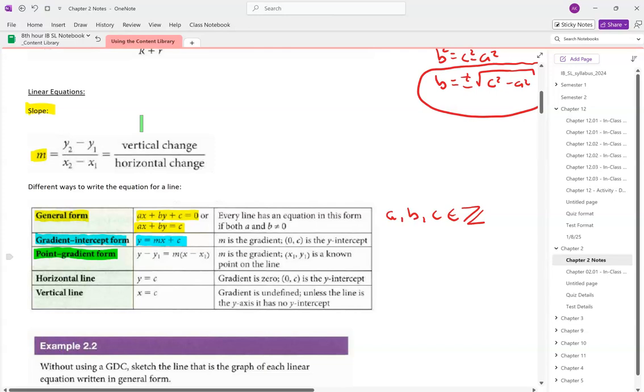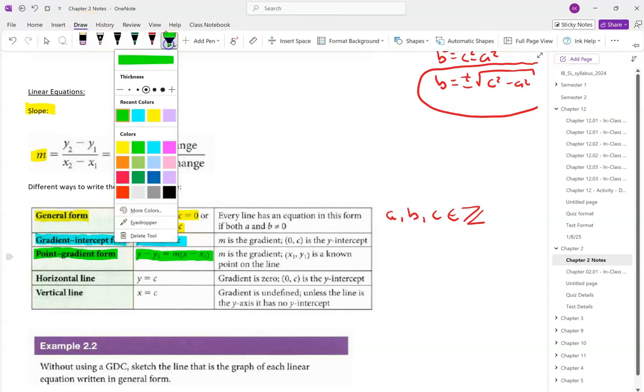We call that point slope form. So if you have some point on the line, x1 comma y1, then the equation for a line is y minus y1 equals m times x minus x1. Same as the point slope formula that you probably remember from pre-algebra, algebra, and geometry, and maybe again in algebra 2.